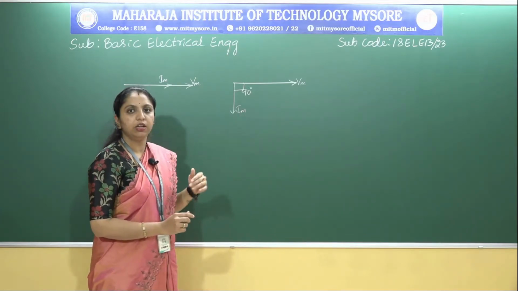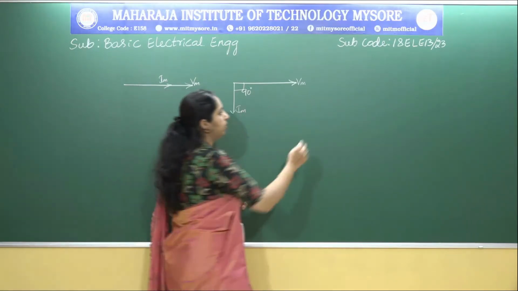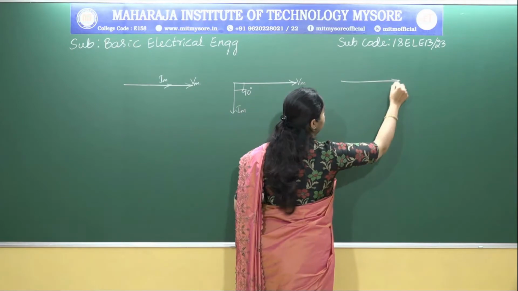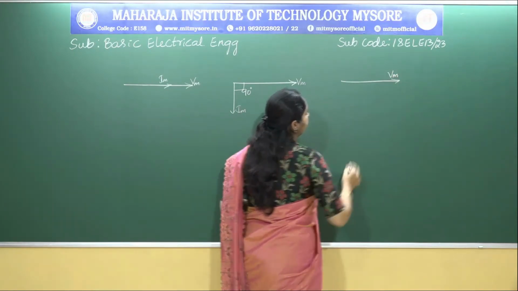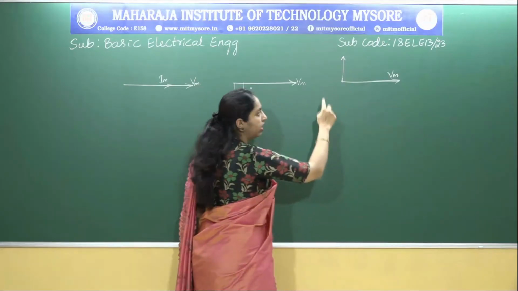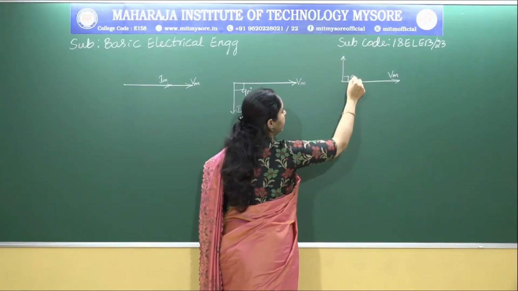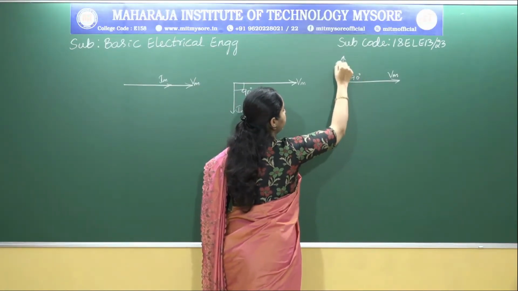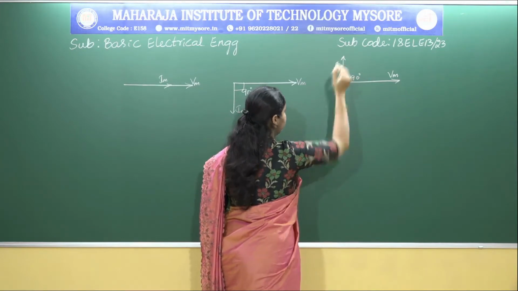Similarly in a pure capacitive circuit, again we have Vm as the reference. Since current leads voltage by 90 degrees, we are going to have Im at this point.